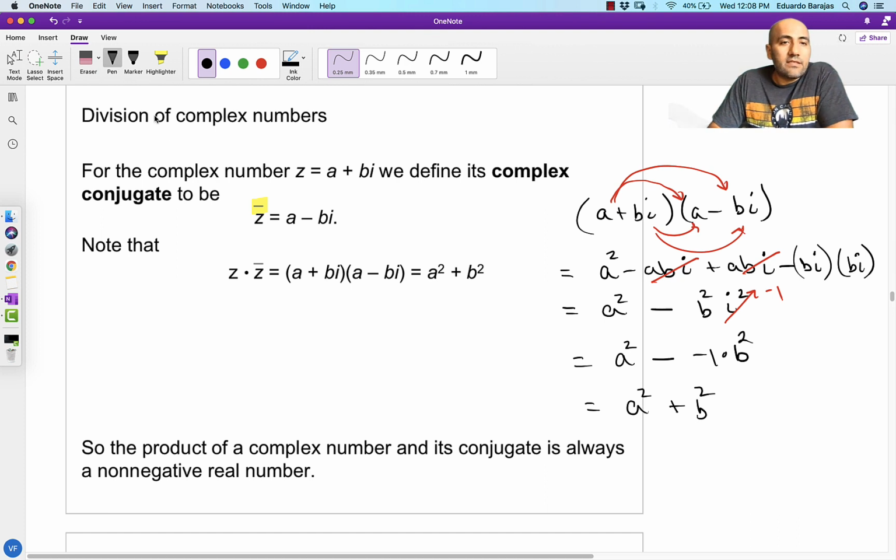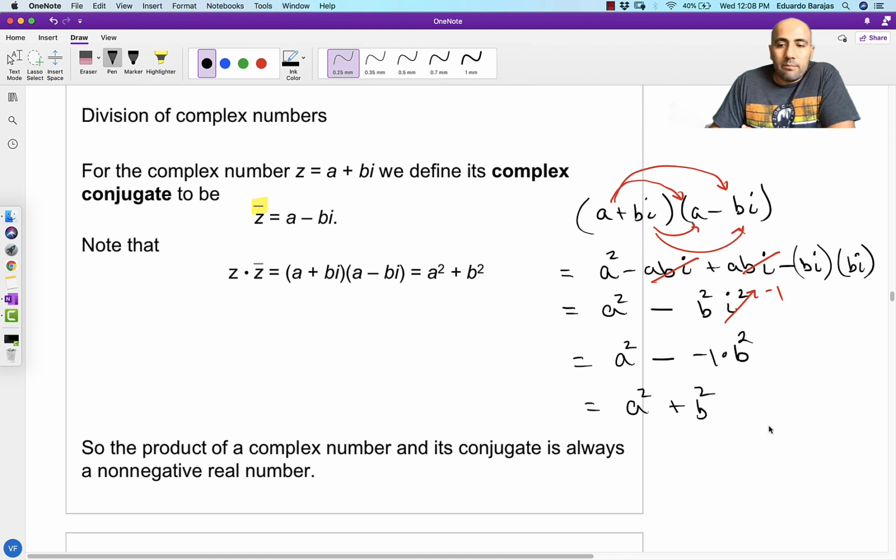So the important thing we should get out of this is that when we have a complex number and we multiply it by its complex conjugate, the output is going to be a number that doesn't have an imaginary part, where the imaginary part is 0. The i's are gone.